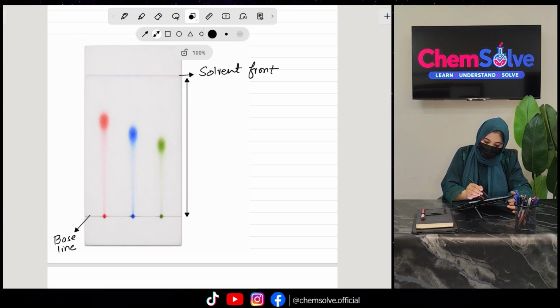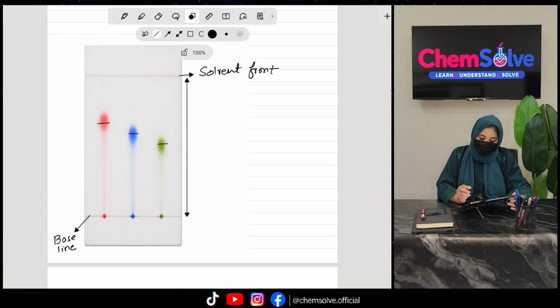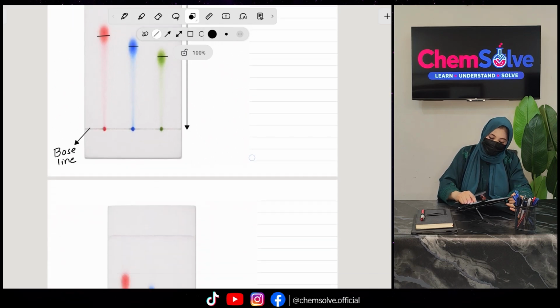And for these spots or these substances, we take the distance from the center of the spot. So I tentatively mark the center of each spot. So these lines are basically my distance of the solute, and solvent front is the distance from the baseline till the solvent front.